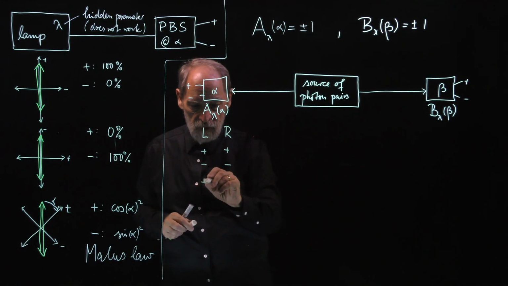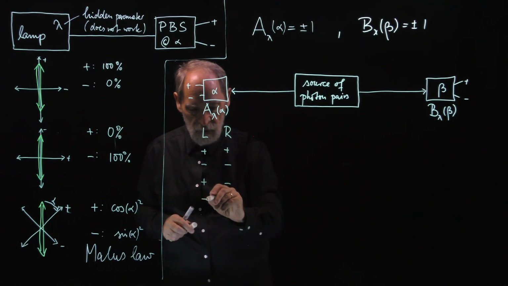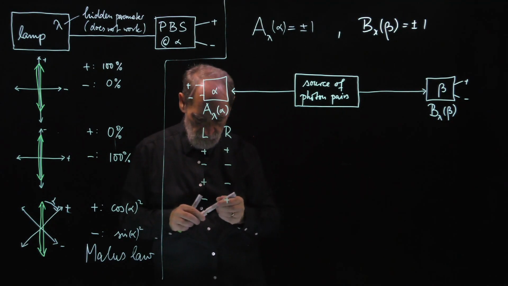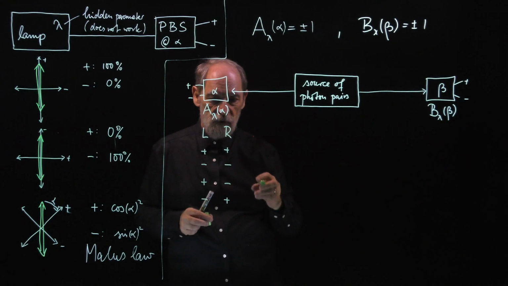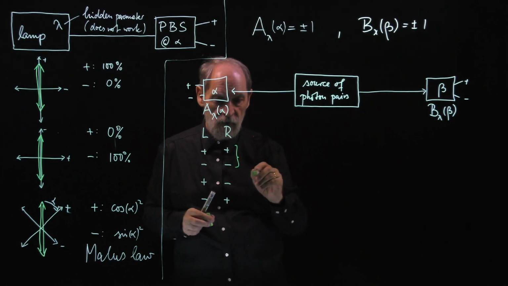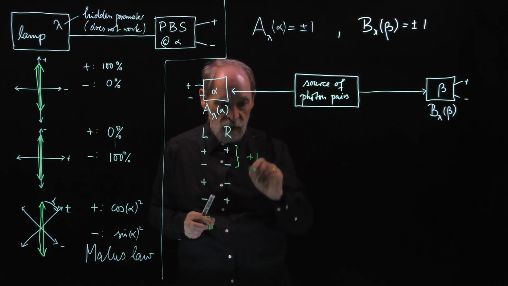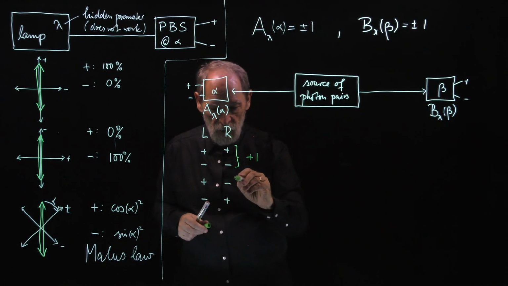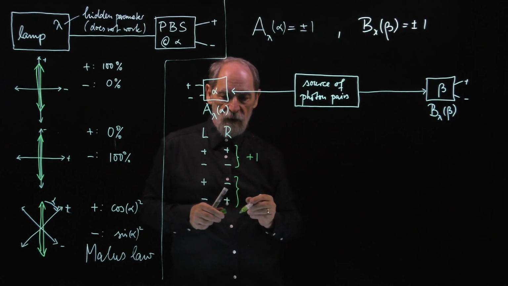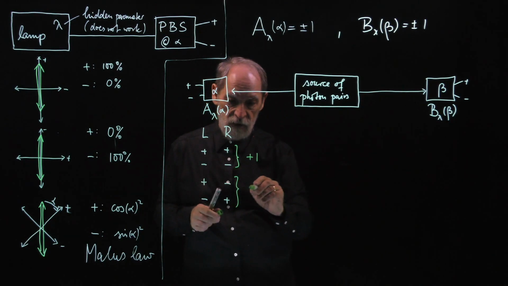We can also have plus on the left, minus on the right, or minus on the left, plus on the right. The first two instances have the same outcome on the left and the right, so we call this positively correlated and assign the number +1 to these events.